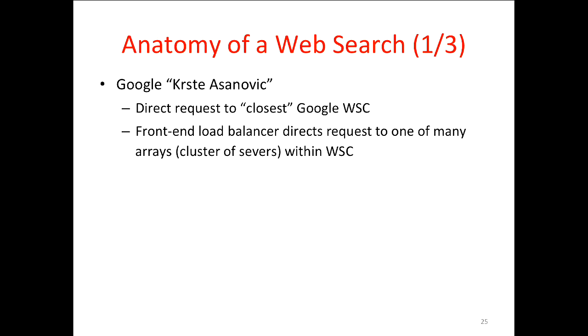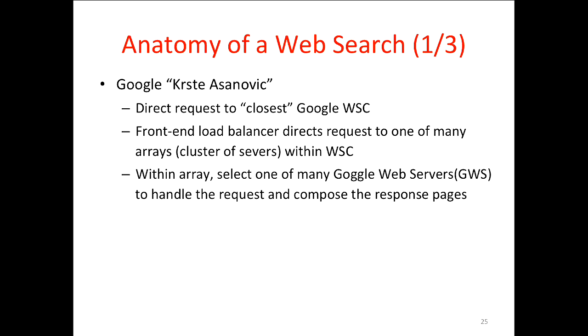This is the same as the unit in the warehouse scale computer architecture, right? Within this array, it selects one of many Google Web Servers which are idle. And then this Google Web Server handles your request and returns the result for your query.